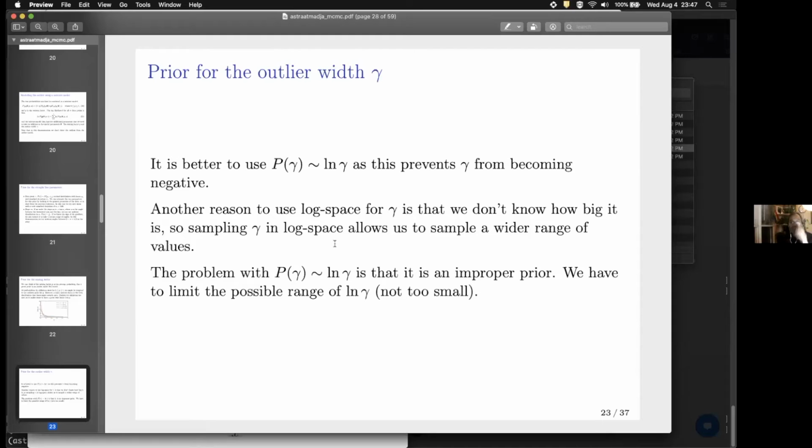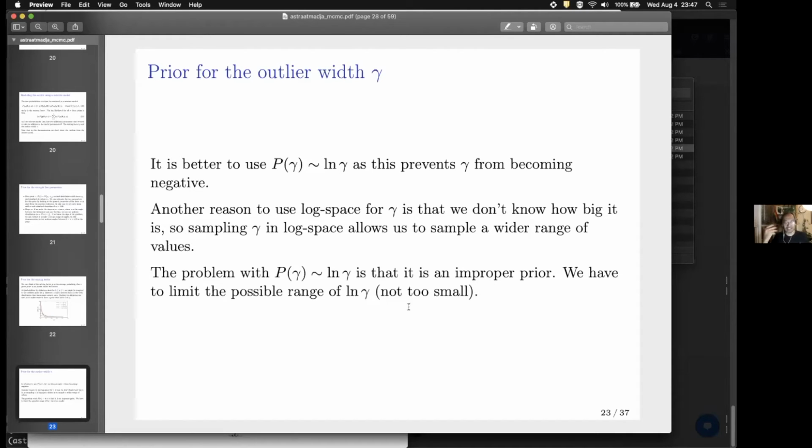But of course, we know this function in log is an improper prior. It goes all the way to highly negative values. So set a range, so that it doesn't go very small and break the limit of accuracy of the computer. Just set up a reasonable range.